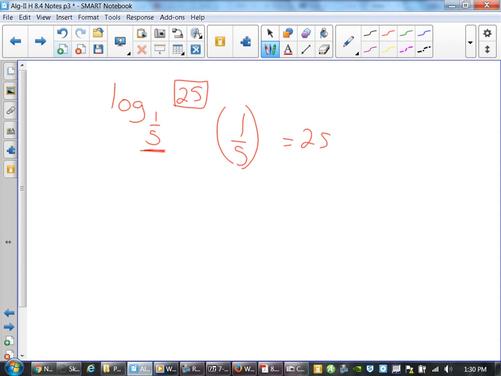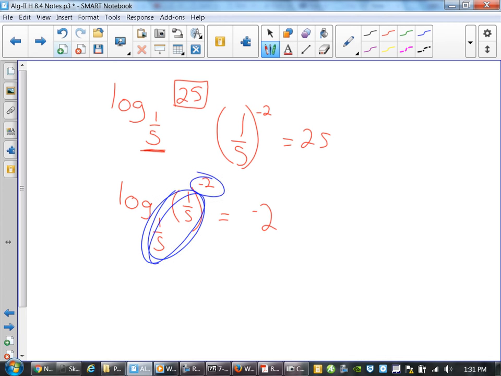Well, obviously you'd have to flip the fraction, which means a negative exponent. Negative 2, very good. So this is log base 1/5 of 1/5 to the negative 2, which gives you an answer of negative 2. Remember, when these two bases are the same, the answer is the exponent. That's the trick to these things. You're going to work to getting the same base so the exponents drop. That's how some of these properties of exponents are going to work themselves through.